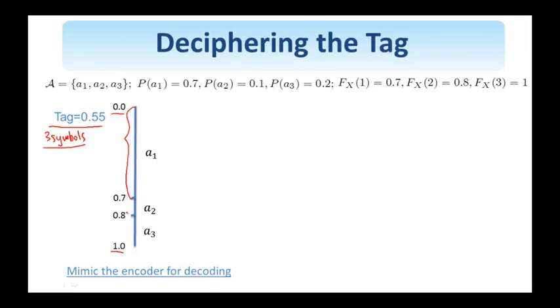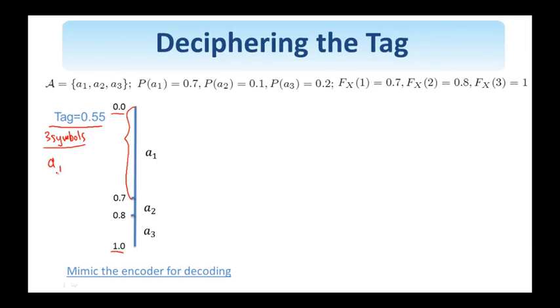In other words, the tag cannot belong to a segment outside the initial segment, because in each step we are subdividing the initial segment. So the fact that the tag for this particular example belongs to this interval means that the first symbol that was encoded is the symbol A1.